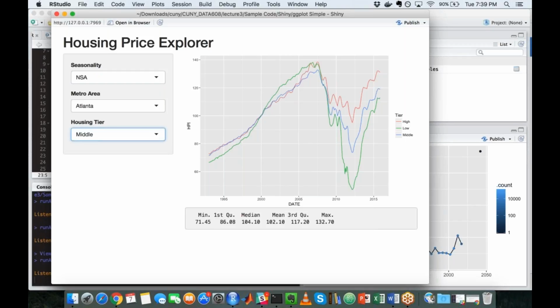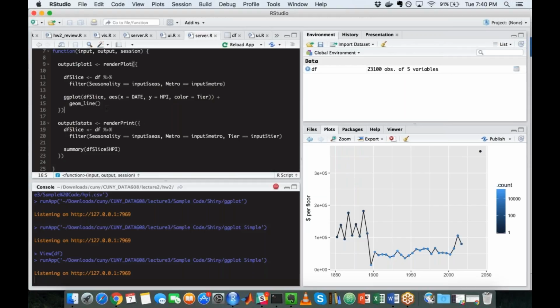So if I choose middle, or if I choose low, you're going to get a more apparent change. When I choose a different housing tier here, you can see that this output is changing, but nothing's changing here because we're already looking at the three tiers. And in the video, I went through a broader architecture of what's happening here.